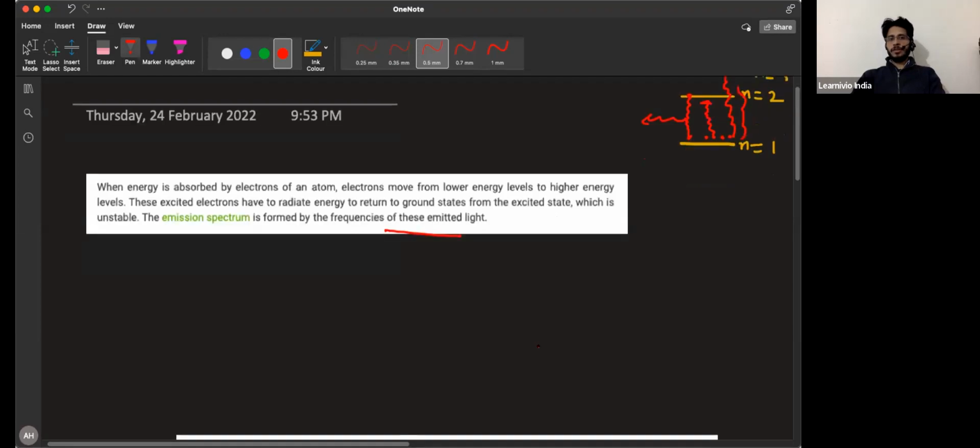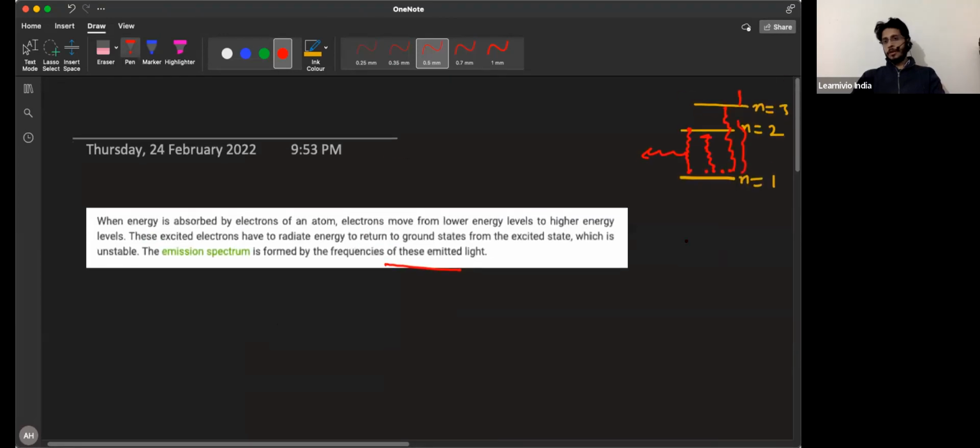One more important thing. Can an electron absorb any energy, or will it absorb only those energies corresponding to the difference of energy levels? Faisal, what do you think?